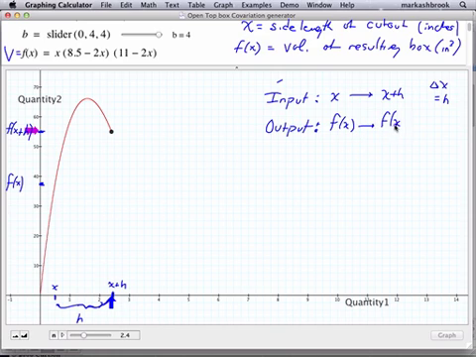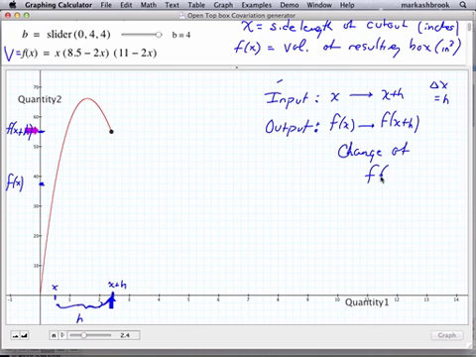So the question is, as we changed the input by h from x to x plus h, how much did the output change? How could you express how much the output changed? F of x plus h minus f of x. Do you agree? That's the key.